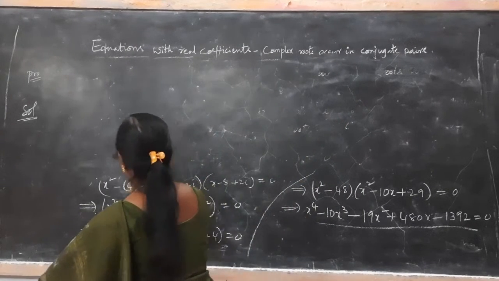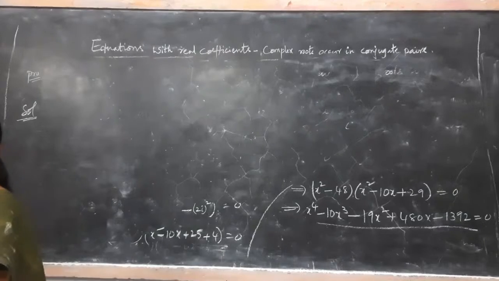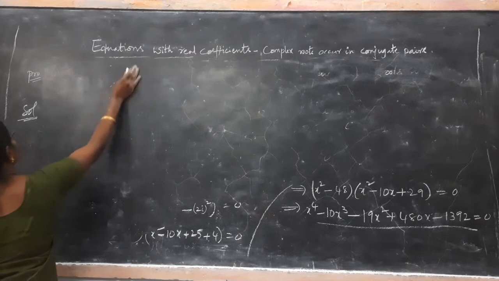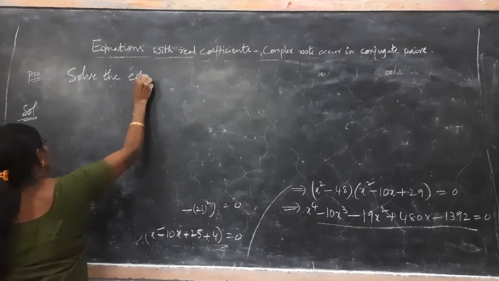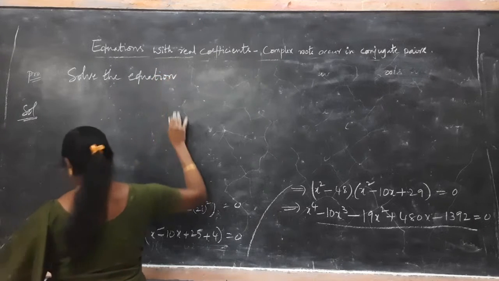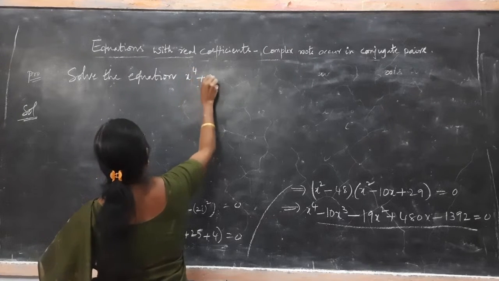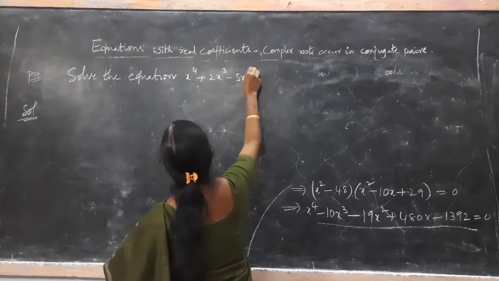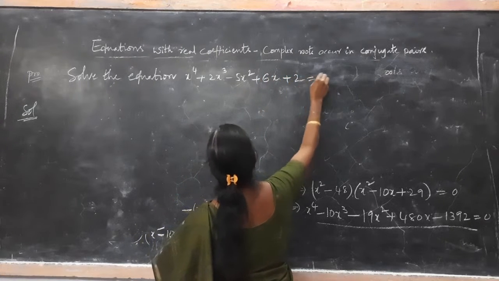So I come to the next problem. Solve the equation x power 4 plus 2x cube minus 5x square plus 6x plus 2 equal to 0.